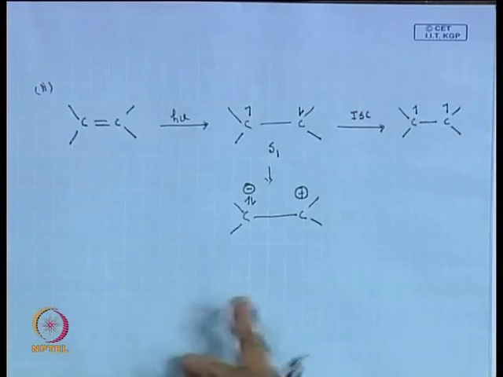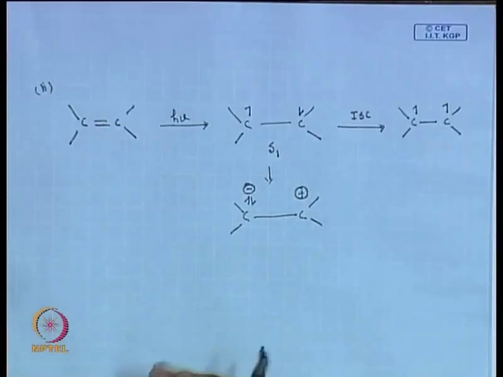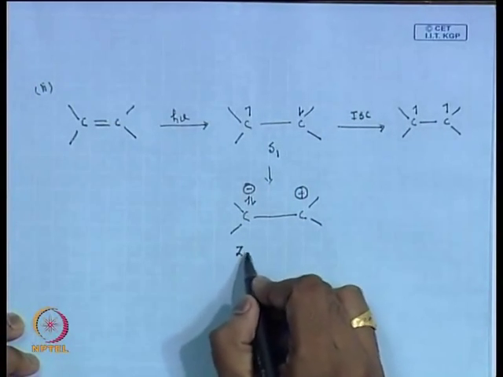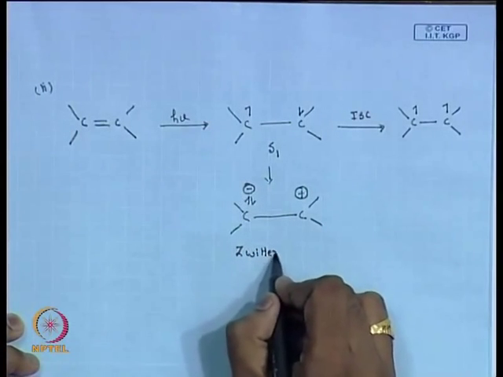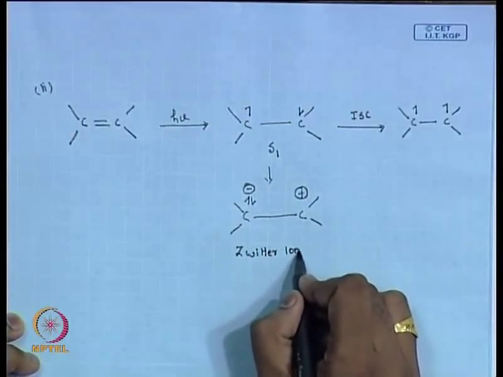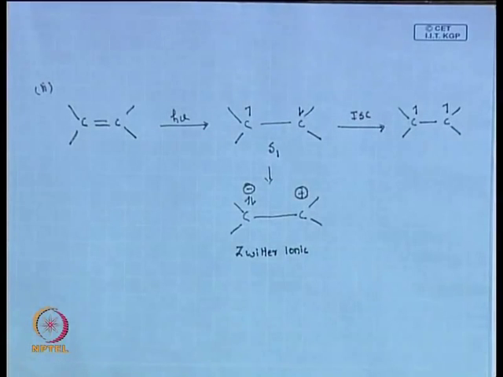So, how it looks like, what you call this normally, a system which has a negative and a positive end, zwitterionic. So, that is very important.